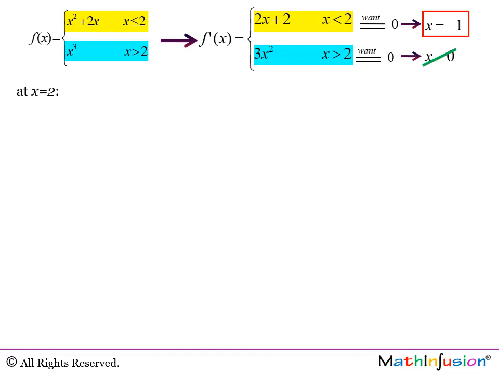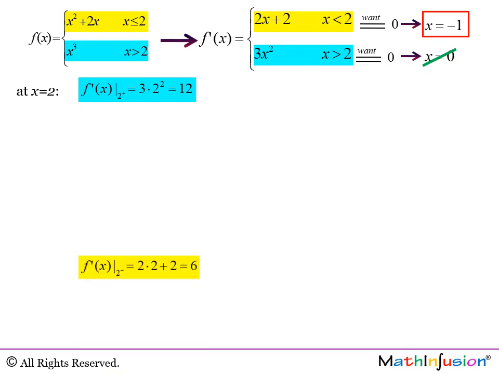We are checking now to see if x equals 2 is another critical number. We differentiate the function from the right side of 2, and we get 3 times x to the power of 2, plug 2 for the x, and we get 12.